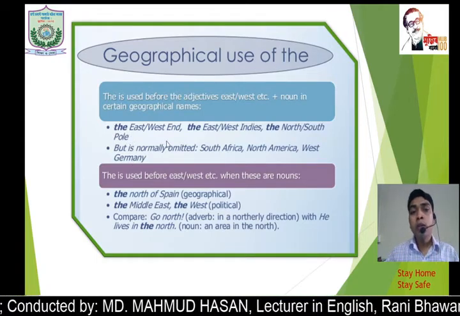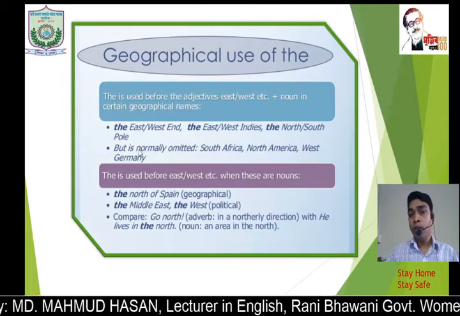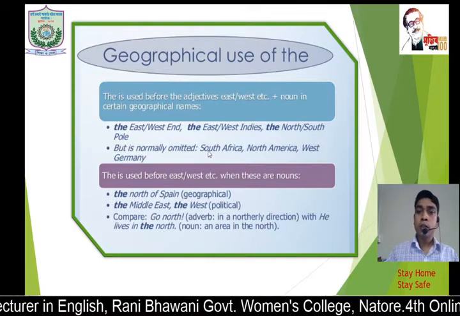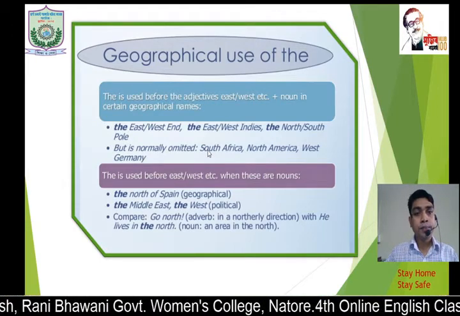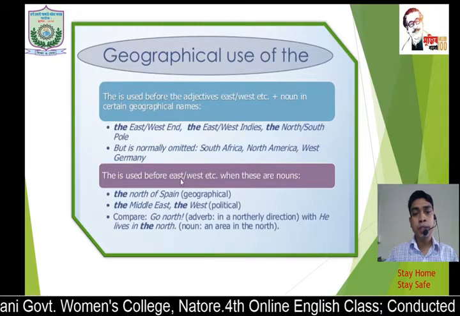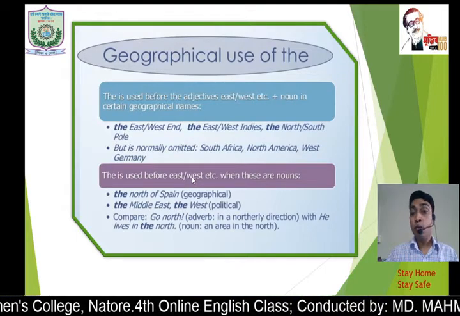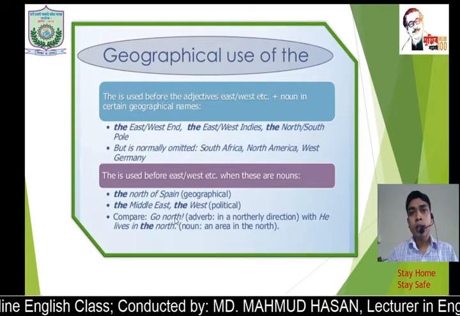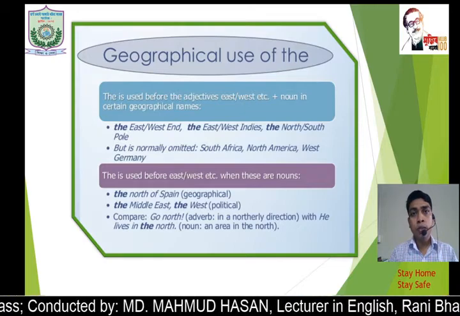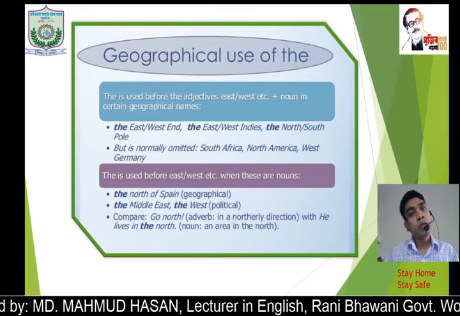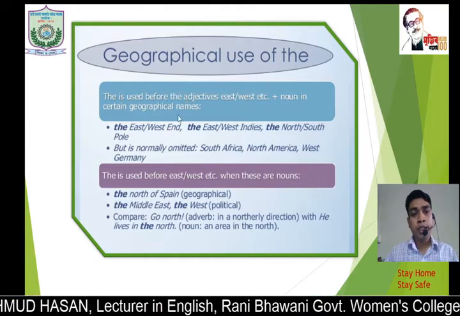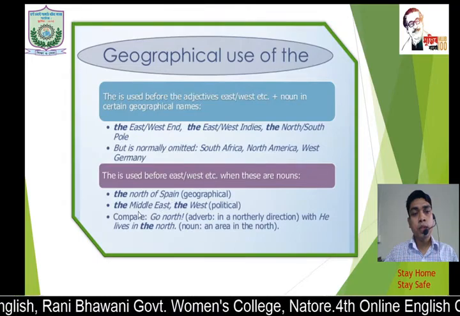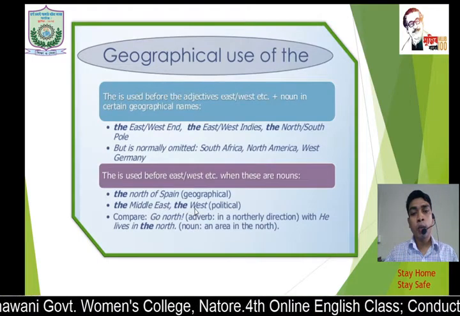But the is normally omitted in the case of South Africa, North America, West Germany. The is used before east or west when these are nouns. If east or west function as nouns in a sentence, we will also put the before it. The north of Spain, the Middle East, the West.